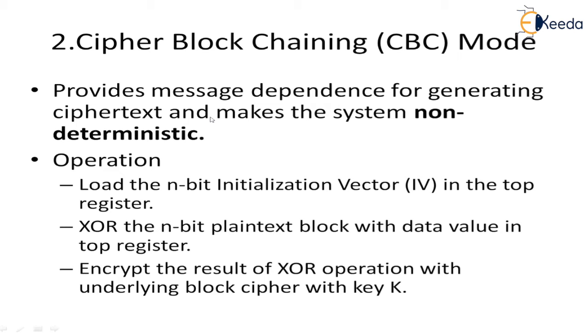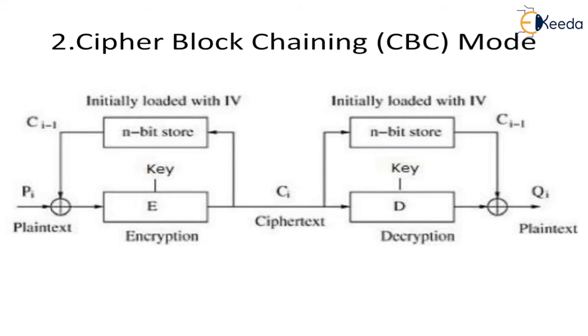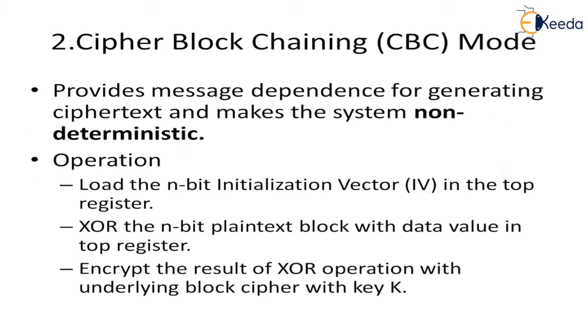The operation for this mode involves loading the n-bit initialization vector IV into the top register. Next, XOR the n-bit plain text block with the data value in the top register.